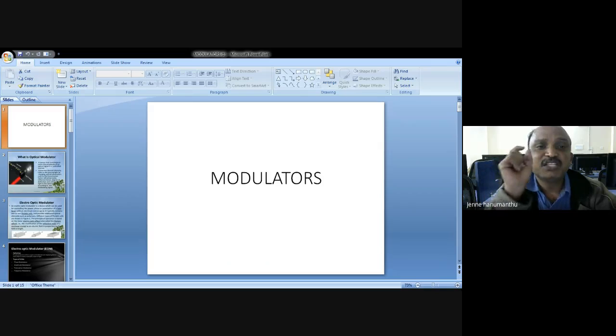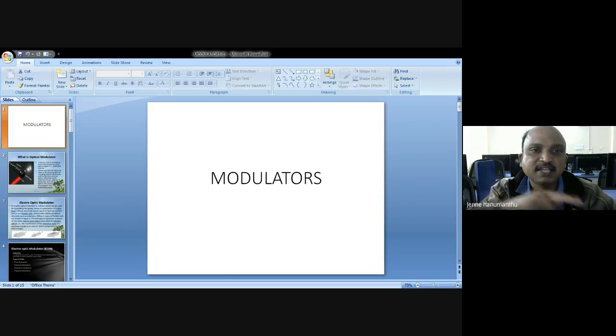You can spread the LED light up to a maximum of about 100 nanometers of wavelength. But with the laser, the spread is within 1 nanometer. This is a specialty of the laser compared to the LED, because of monochromaticity. These are all the laser characteristics.